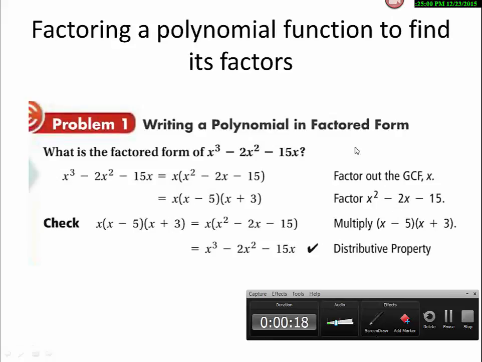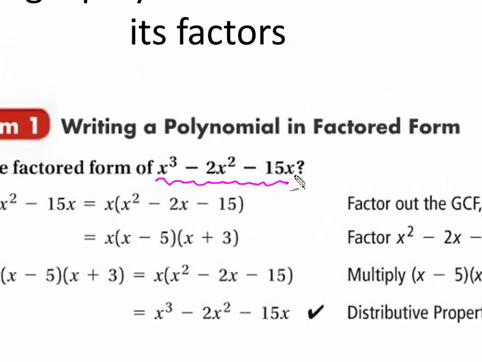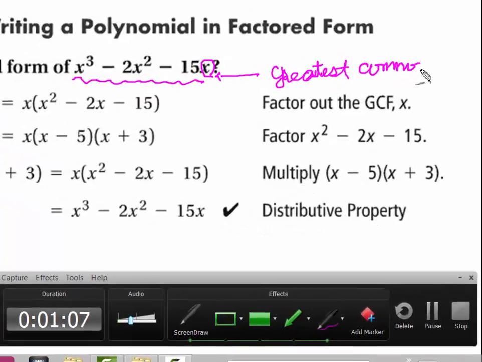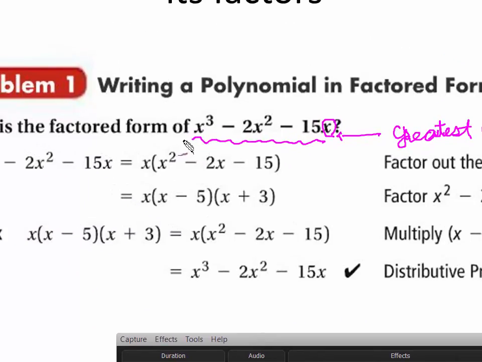So, writing a polynomial in factor form. The first thing you would like to do is to find the biggest common factor of these polynomial functions. The common factor you can find from these three terms is x, and the greatest common factor is also x. Once you have x as the common factor, you extract it out like this, so you have a new expression right now.